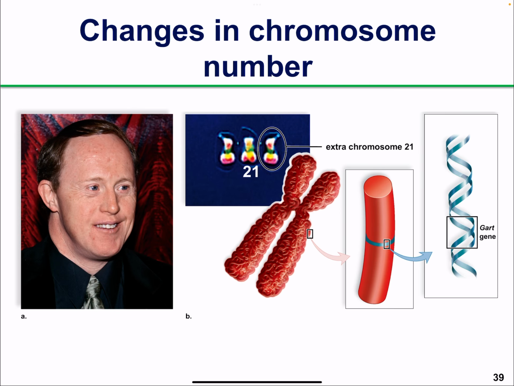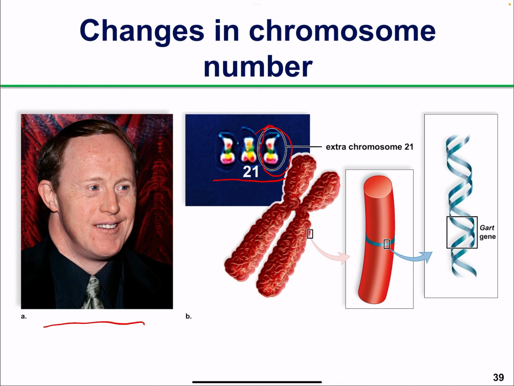Now, in terms of extra chromosomes, this individual right here in the photograph is an individual with trisomy 21. So we can see on the karyotype here an extra chromosome right here.